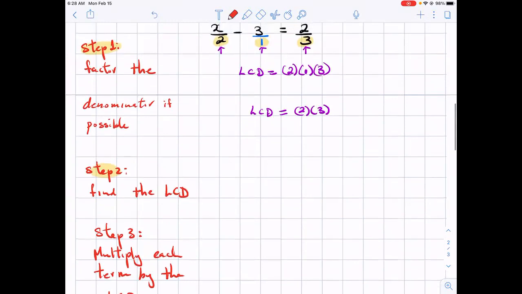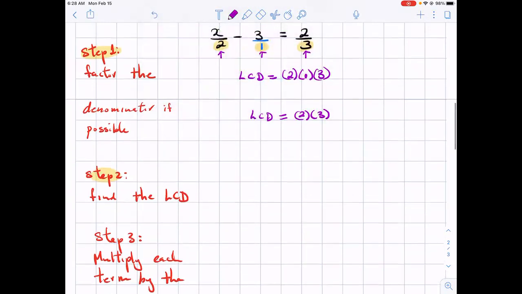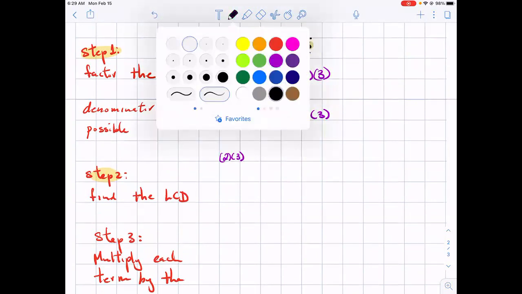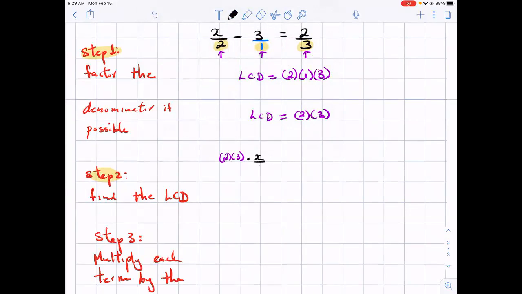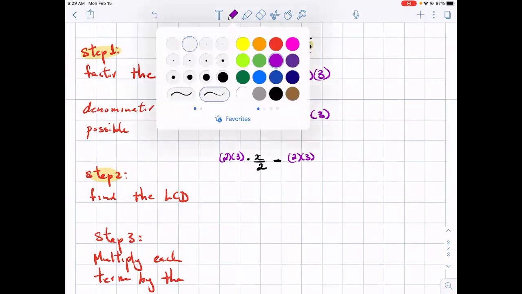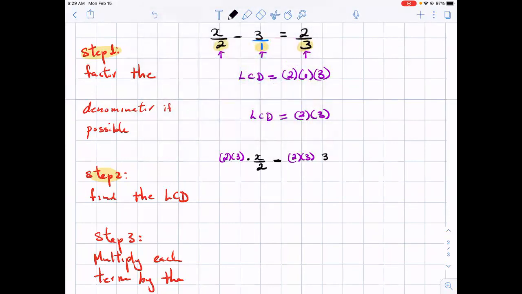So basically what I'm doing, I'm going to multiply the first term by 2 times 3. So I'm multiplying x over 2, and then minus, I'm going to multiply the second term, 2 times 3, by 3 over 1, equals, I'm going to multiply 2 times 3 times 2 over 3.